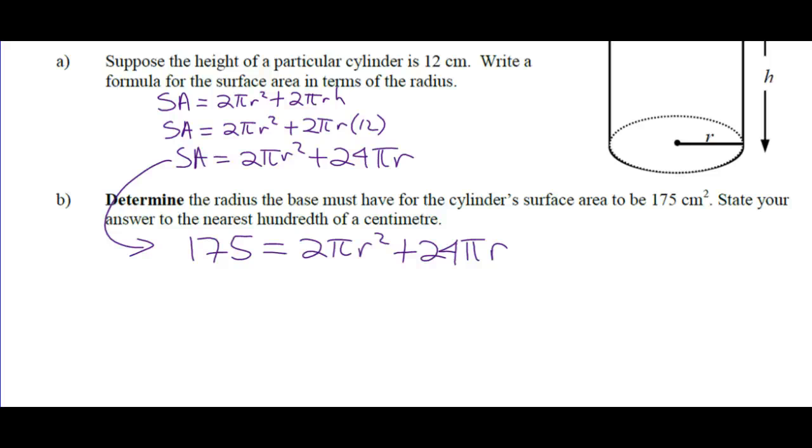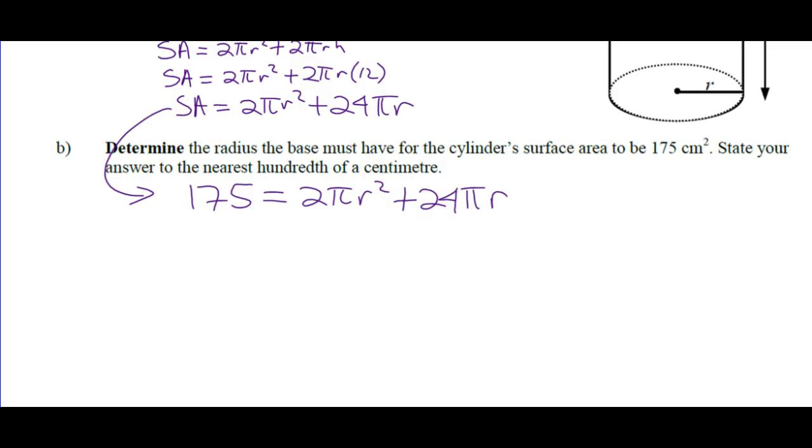Okay, two choices. We can do left side 175 for y1 and 2 pi r squared plus 24 pi r for y2, or we can rearrange it and set it equal to 0 and then find the x-intercepts. Which do you prefer? Method 1 or method 2? So think about it. If we do method 1, we're going to have to expand our window so we can see 175. If we do method 2, we should just be able to see it along the axis, right?